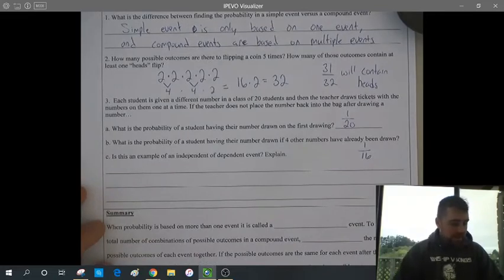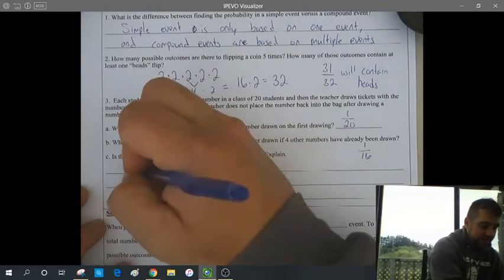C, is this an example of an independent or dependent event? Well, after the number is drawn each time, it's not getting replaced, and because of that, it's changing the outcomes of the next student's probability of being drawn. And so this is a dependent event then.